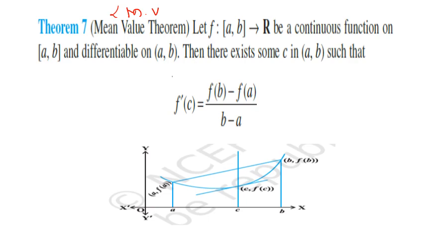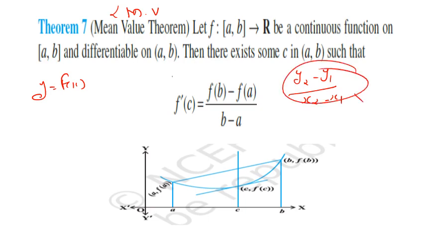What is this actually? You know y is equal to f of x. So f of b minus f of a by b minus a is actually the y2 minus y1 by x2 minus x1 formula. This is called slope.